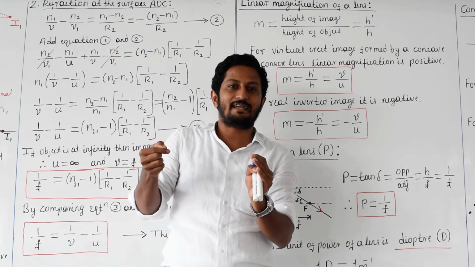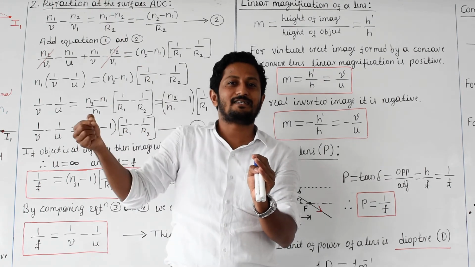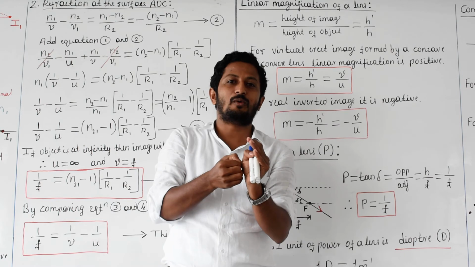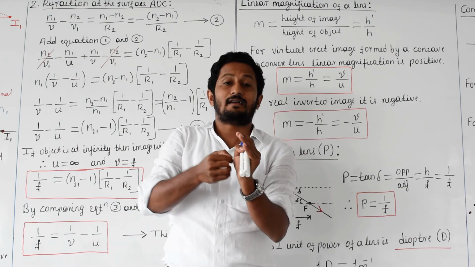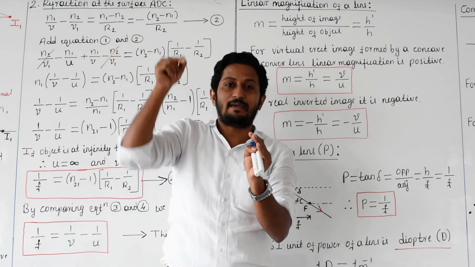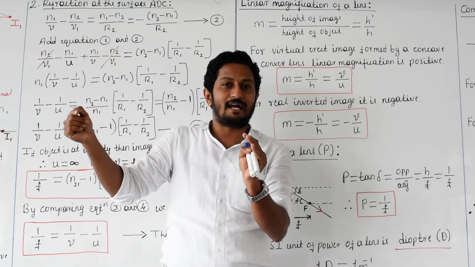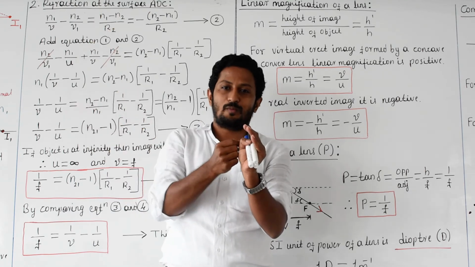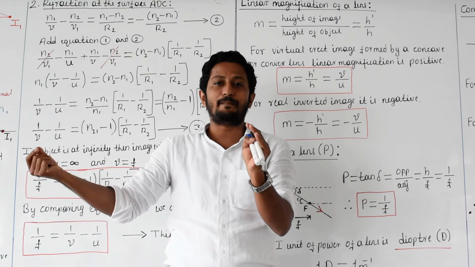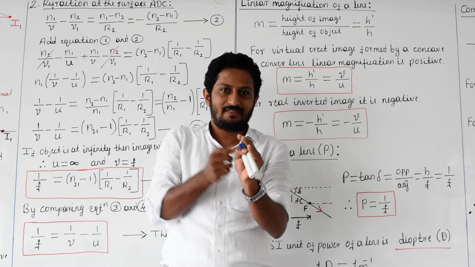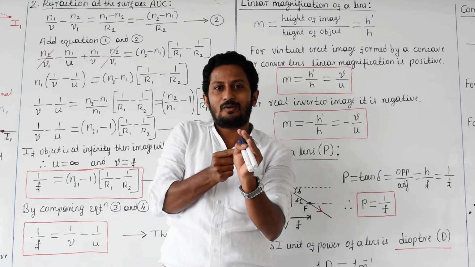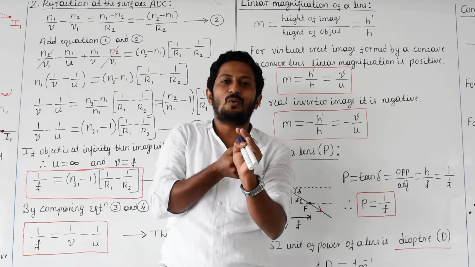Then AB by A dash B dash is equal to BO by B dash O. This base B to O, to that B dash to O.